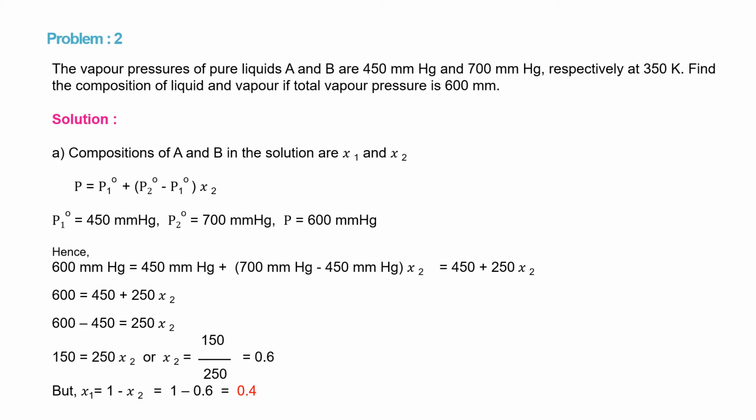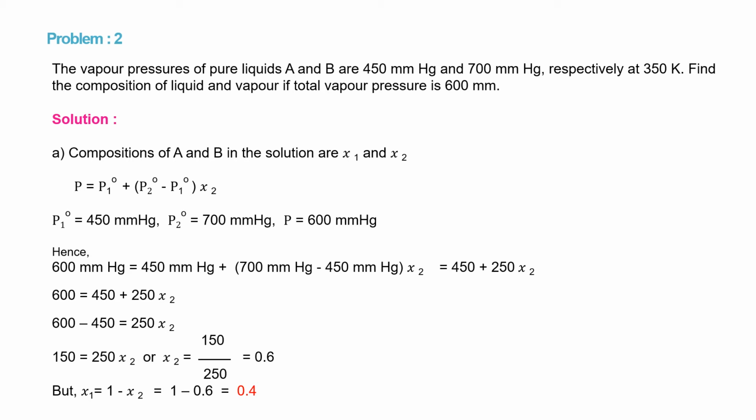Now in this case you have two components, A and B. Components A and B are in the solution, so they are represented as X1 and X2.